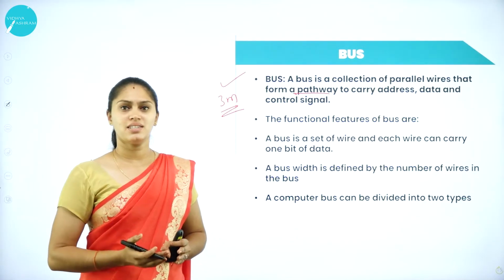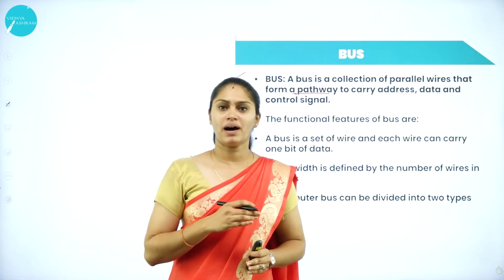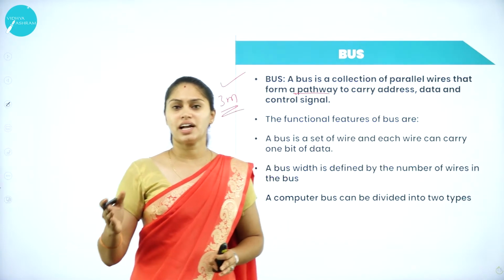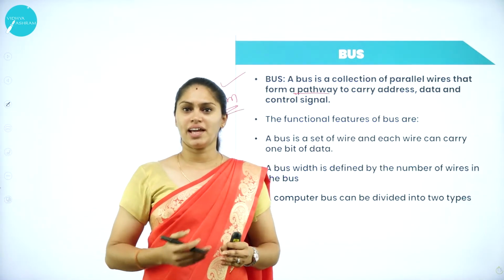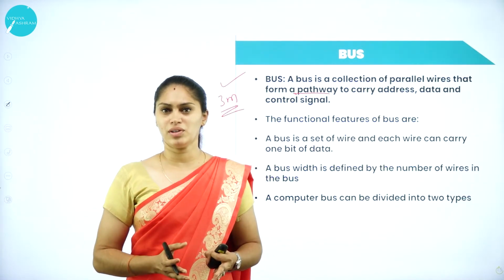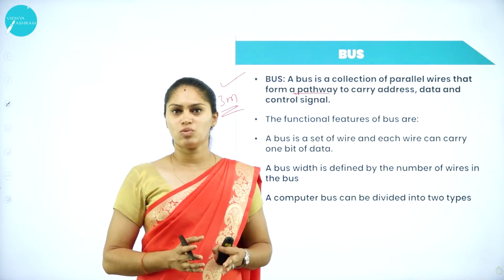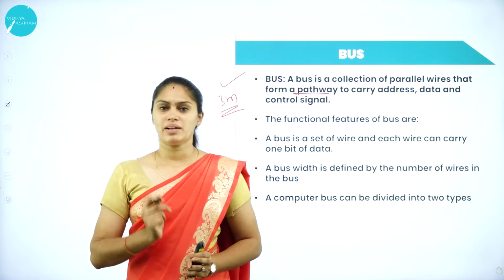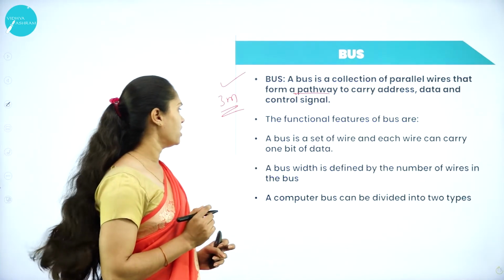Okay, so this bus gives me a pathway in order to transfer the data, address and control signals between the various components of a computer system. So that is known as what? Bus. And you can also expect what is bus as a 1 mark question. So that is also important.